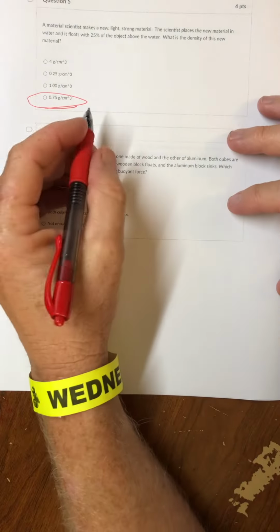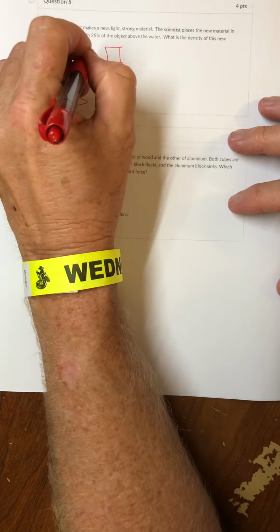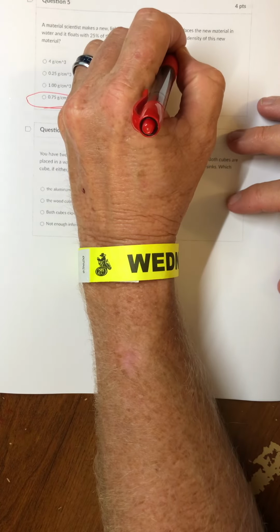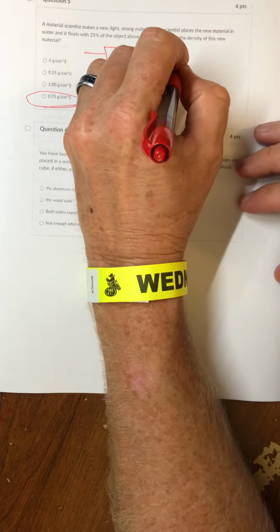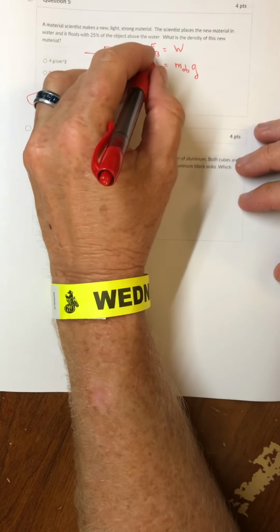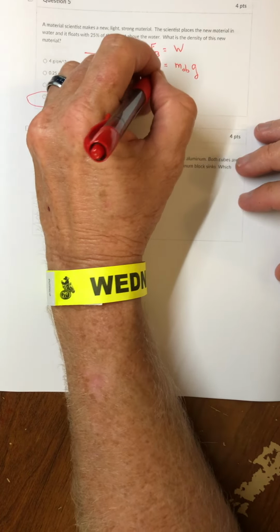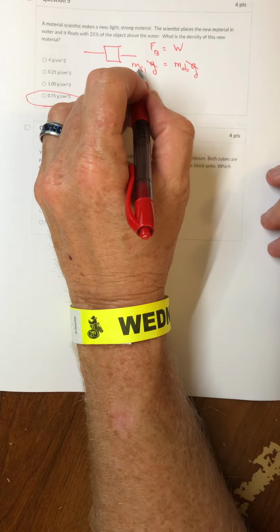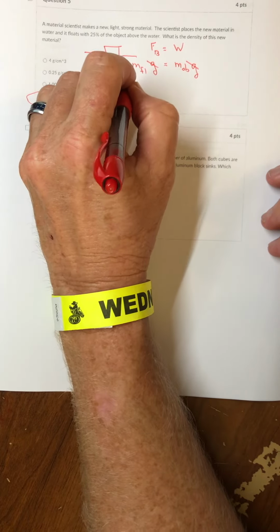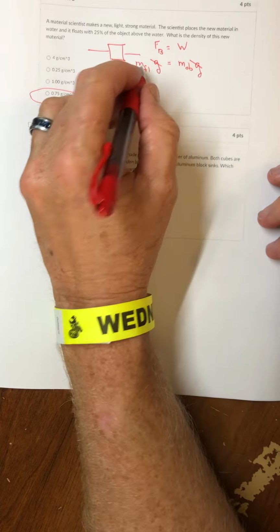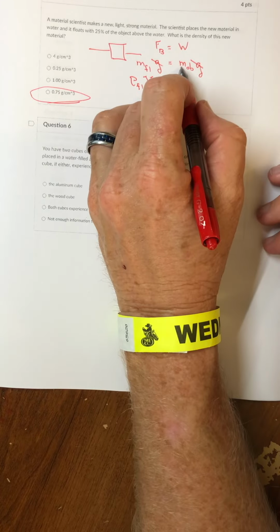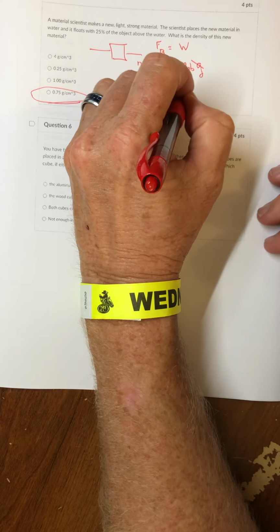But maybe I should work that out. When something floats, and so I'll take a little object and make the water level, we're saying that the buoyant force is equal to the weight of the object. So you would have mass of object times g, and the buoyant force would be weight of the fluid displaced times g, and I guess we can cancel off a g. Now, the mass of the fluid displaced would be the density of the fluid times the volume of the fluid displaced, whereas the mass of the object would be the density of the object times the volume of the object.